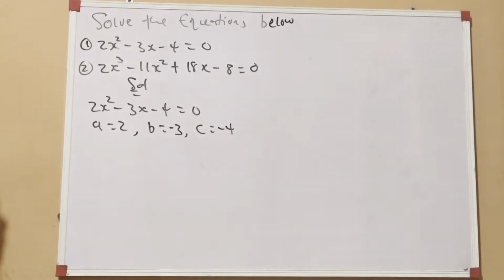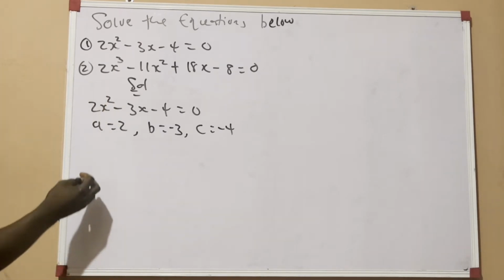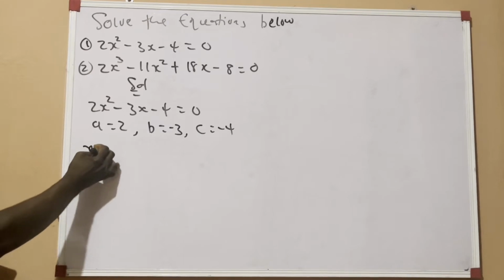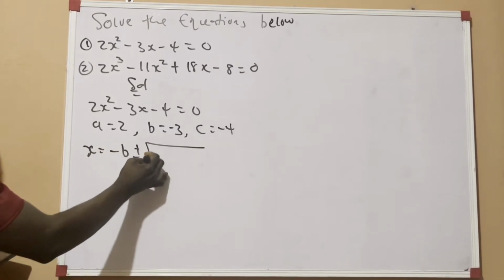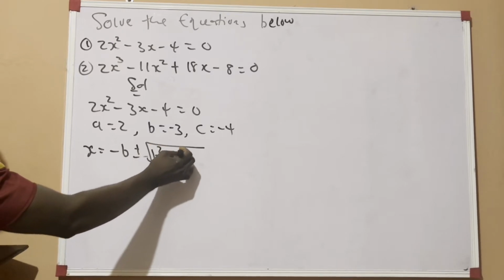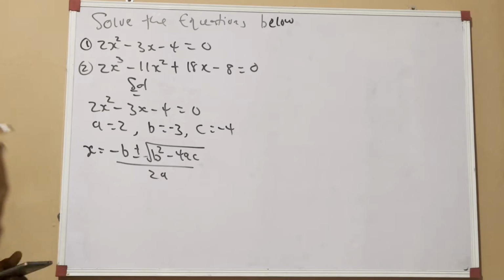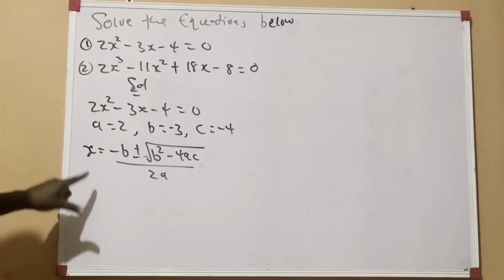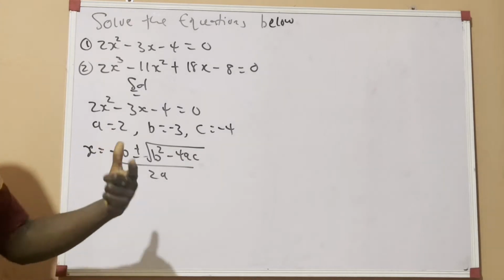All right. So now that we know the values of A, B, C, let us introduce the formula. What is the formula for solving quadratic equation? We have x is equal to minus b plus or minus square root of b squared minus 4ac all over 2a. So the next step is to input these values into the formula for a, b, and c.